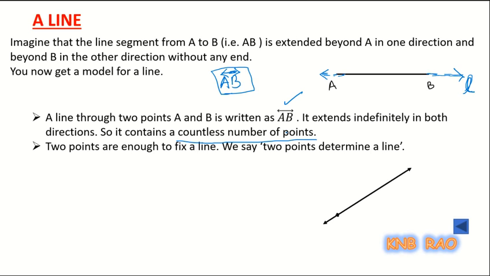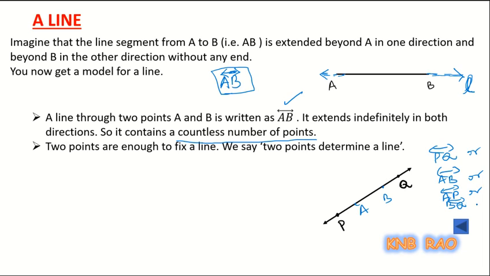So if I have point P, point Q on the same line AB, here let's say this is line AB, and I have taken 2 more points, I can call this line PQ also, or line AB also, or line AP also, or line BQ also.